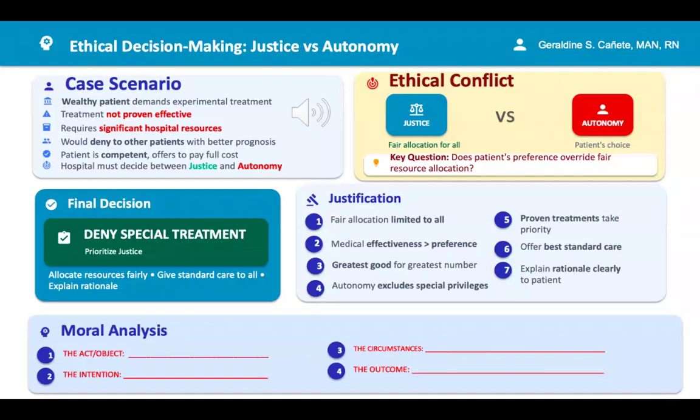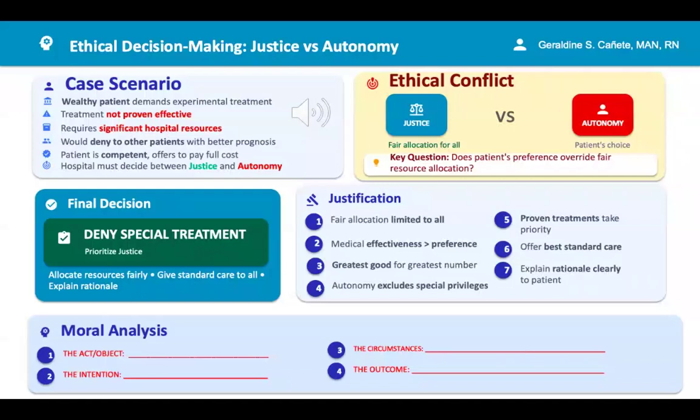One objection would be that the patient is willing to pay for the treatment, so it won't cost the hospital anything. The response could be that the cost is not just monetary; it includes the use of scarce resources like staff time, equipment, and bed space that could be used to treat other patients. Another objection would be that the patient has a right to choose their own treatment, even if it's experimental.